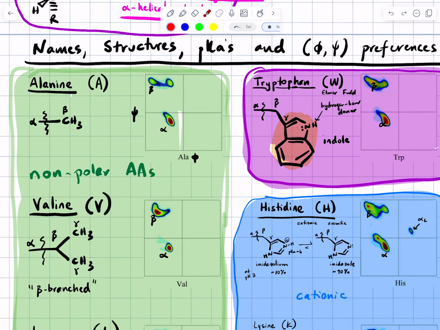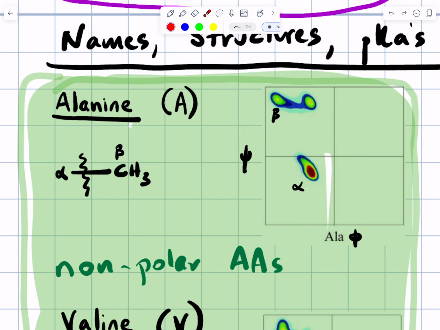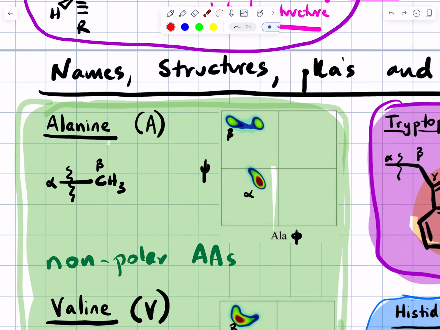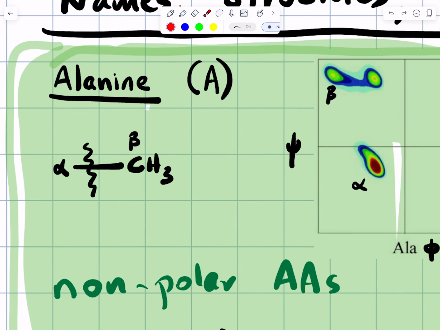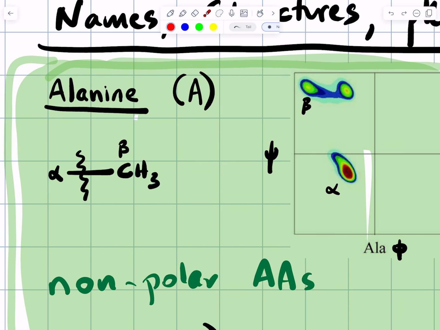We'll go through each one, but we'll zoom in first on the amino acid alanine with the one-letter code of A. All the amino acids share this same basic structure of nitrogen, alpha carbon, carbonyl carbon, alpha proton, and then side chain. So as I draw the 20 amino acids, I'm just repeating their side chains. This is alanine, where the side chain is a methyl group.